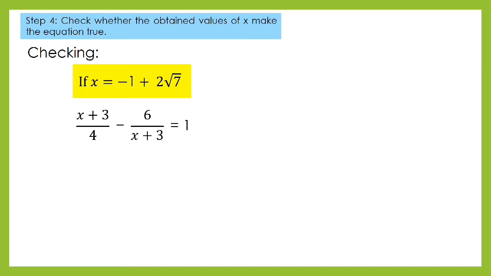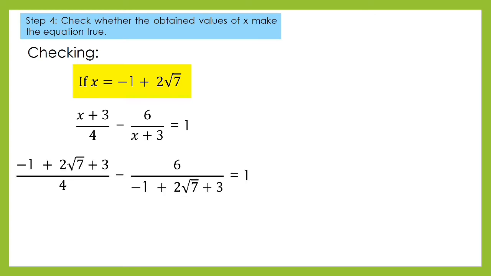We will substitute negative 1 plus 2 square root of 7 sa x. So, we have now negative 1 plus 2 square root of 7 plus 3 all over 4 minus 6 over x. So, our x is negative 1 plus 2 square root of 7 plus 3 equals 1.